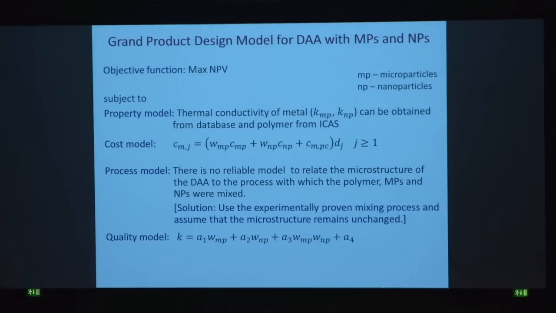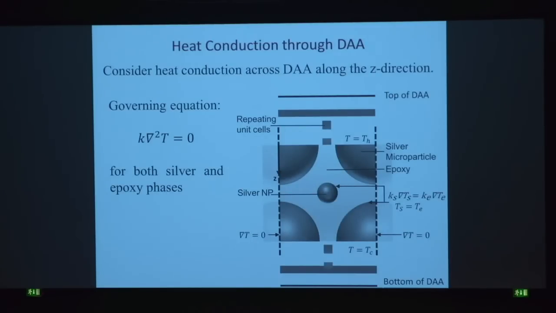All right, that's what we did. And we did a quality model now. The quality model depends on two things: the microstructure and the amount of silver nanoparticles in the DAA. So we came up with a correlation based on the experimental data and a better analysis.